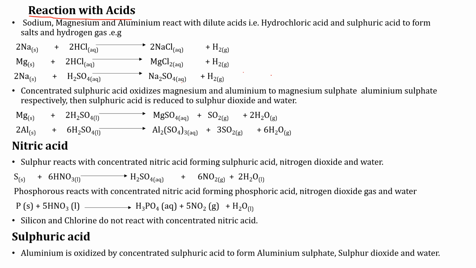Now, the condition here was concentrated sulfuric acid, because we don't believe that dilute sulfuric acid oxidizes. So it's always concentrated acids that oxidize. Always concentrated acids that oxidize. That's why we are saying concentrated sulfuric acid oxidizes magnesium and aluminium to their respective sulfates, and the acid itself is reduced to sulfur dioxide and water.